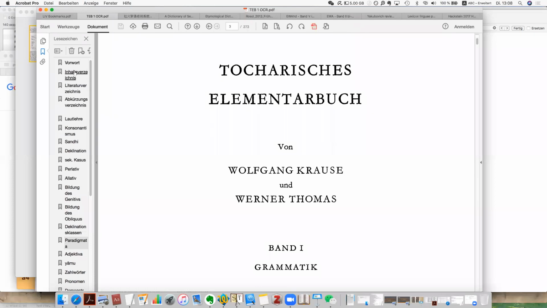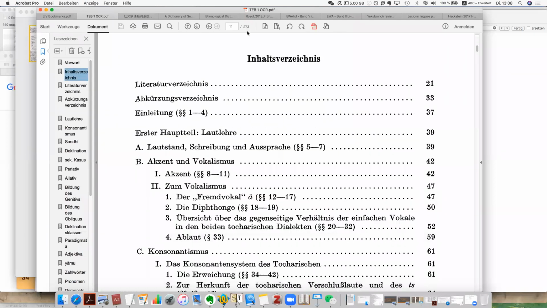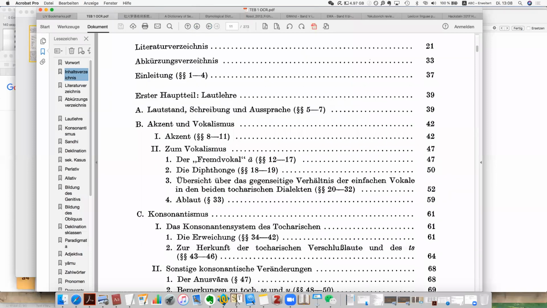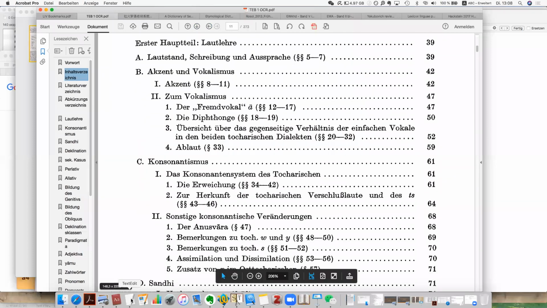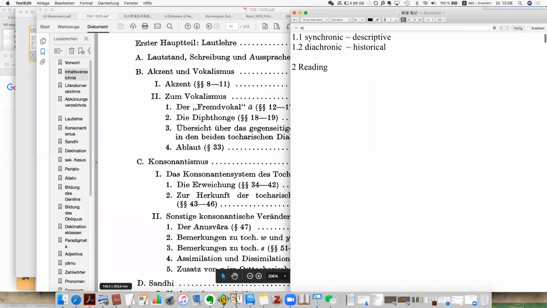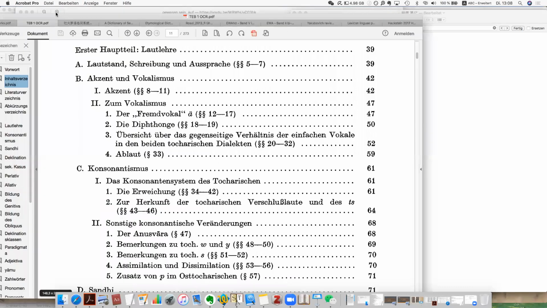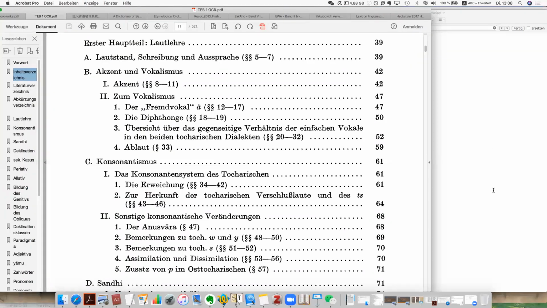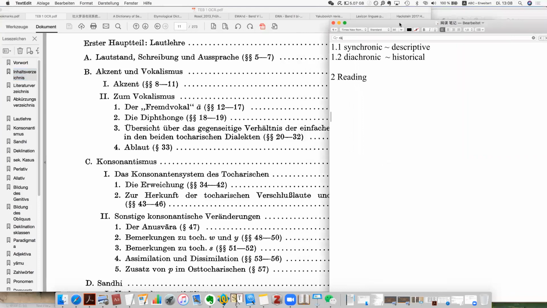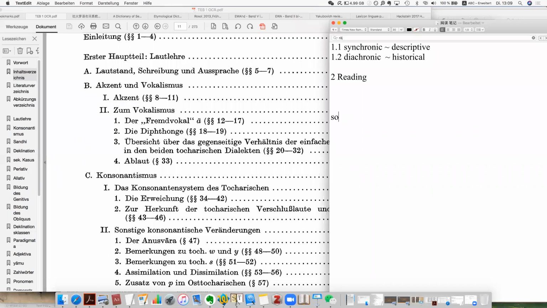As you can see, this is the content. The grammar, as usual, is pretty normal for Indo-European linguistics grammar written by the Germans. They always start with the sound, the phonology, of course. First phonology, and then nouns, and then morphology.